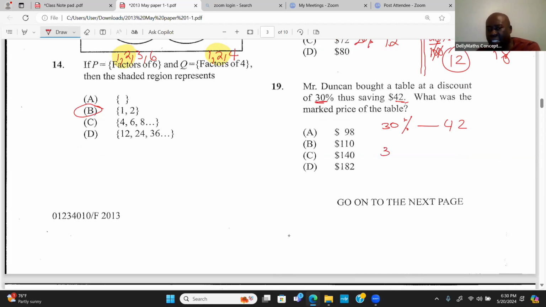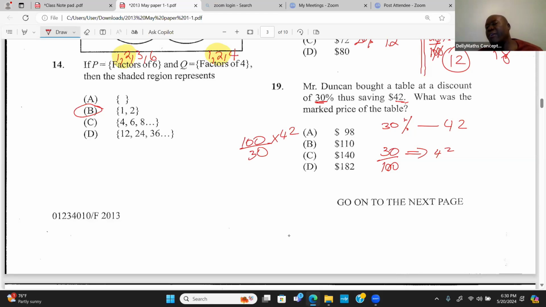If I have 30%, which means 30 over 100 of something, and I want to go back to the original thing, all I have to do is reciprocate my fraction. So if you put 100 over 30 and times the figure that you have, it's going to take you to the final answer.